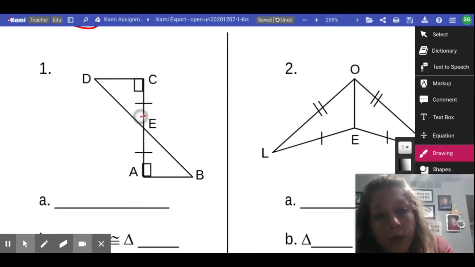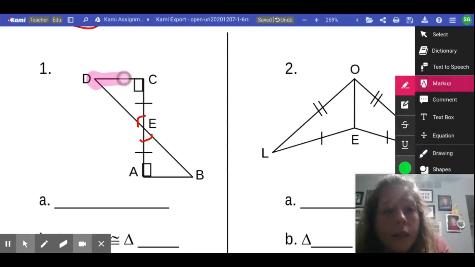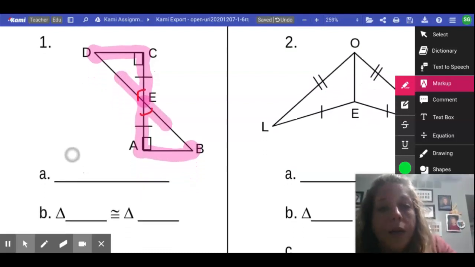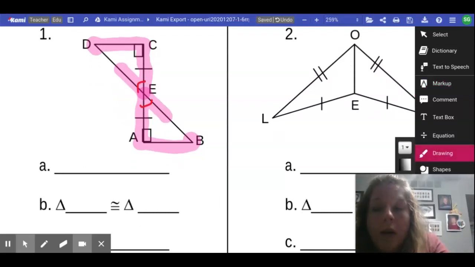So you have these vertical angles that aren't marked but are really there. So now I've got angle, side, angle. It just happens to be a right angle, but it's not hypotenuse leg because I only have 1 side marked. So they are congruent.